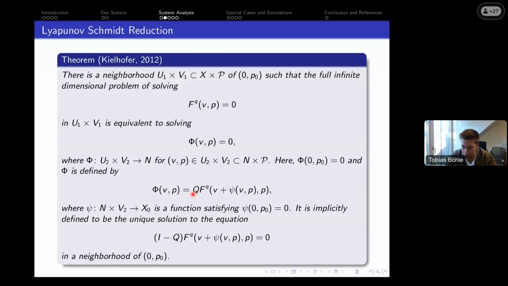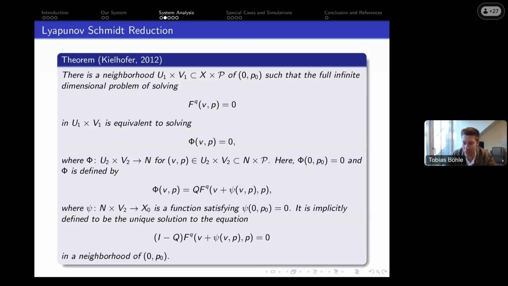So here Q is the trivial projection of the whole space X onto the null space N. And then you apply it to the function f_q evaluated at V plus the function psi of V and P. And psi is basically a function that's implicitly defined to be a solution of this equation, but that shouldn't be too important now.